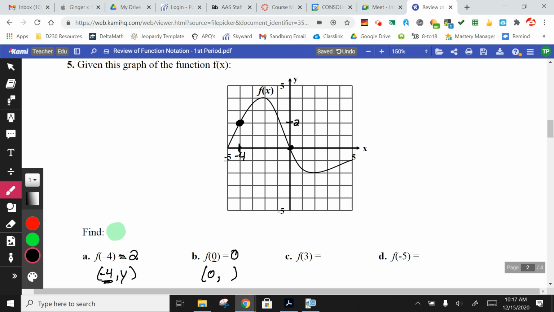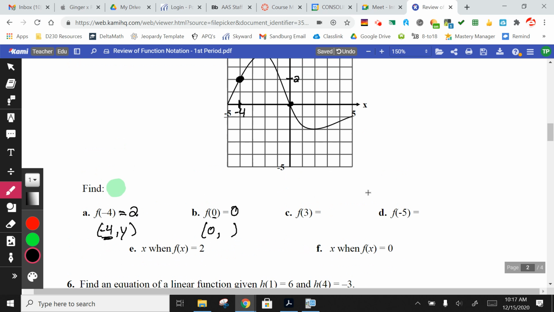All right. So real quick, see if we're understanding that. Do C and D. Make sure we have that down, because then E and F are a little bit different, similar but different.